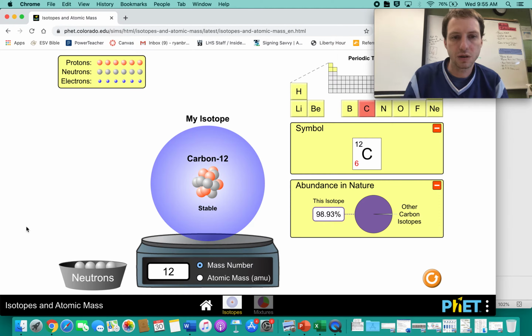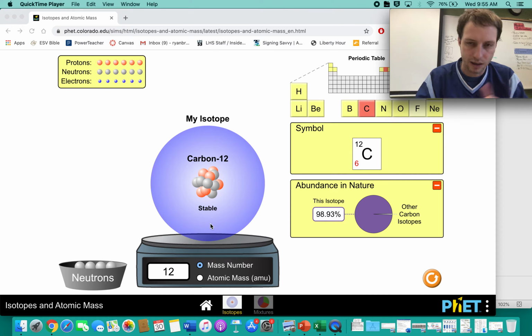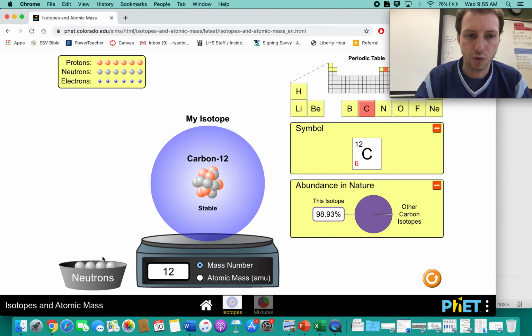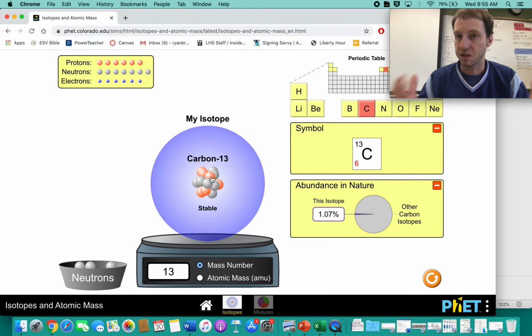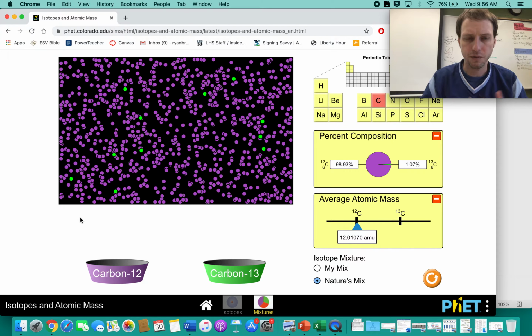I've got a PhET simulation pulled up here. Again, you can see we can construct different isotopes, in this case of carbon, and so I can say, okay, this is carbon 12, there's carbon 13, and those are the same element, different mass numbers. If I look at nature's mix of carbon, I see that the purple dots represent carbon 12, 6 protons, 6 neutrons, by far the most abundant version of carbon.